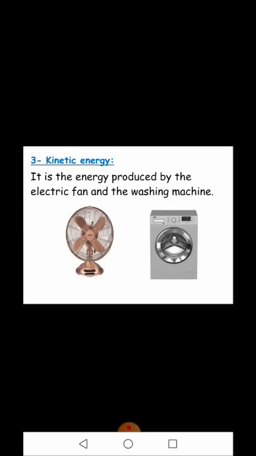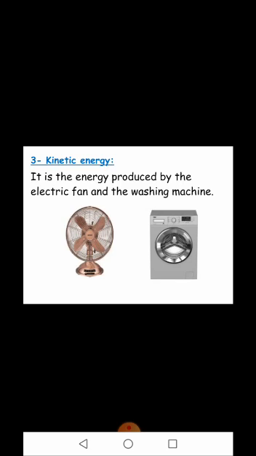Number 3, the kinetic energy. Kinetic energy means the movement. If this device can move, so it has kinetic energy. So the kinetic energy is the energy produced by the electric fan, because this fan moves, and the washing machine.